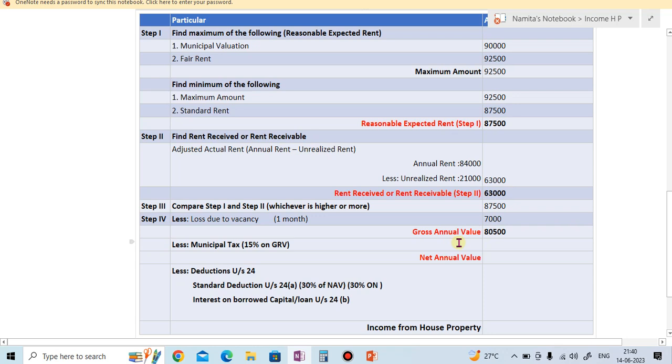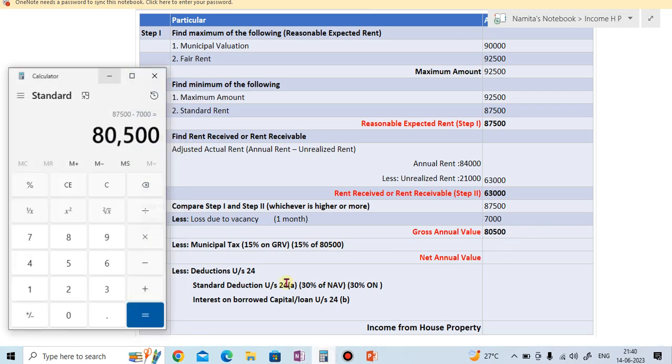So gross annual value is how much? 80,500. 15% of 80,500.